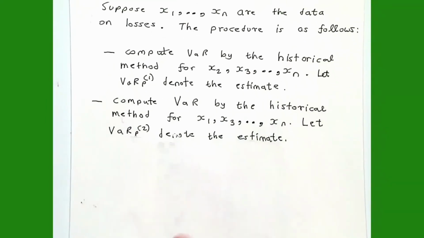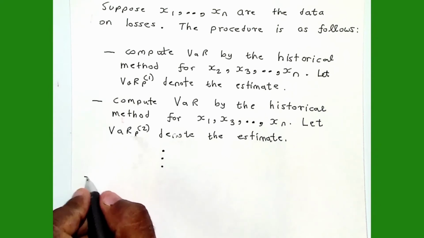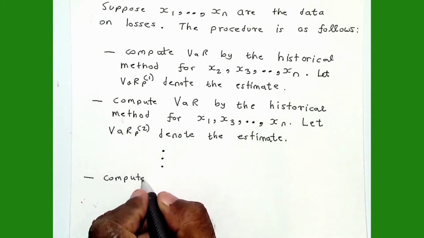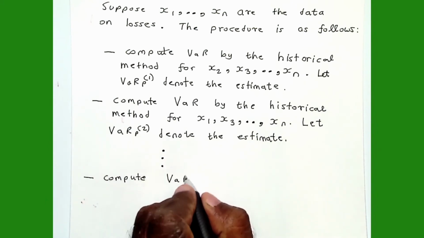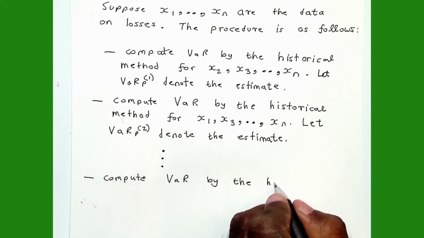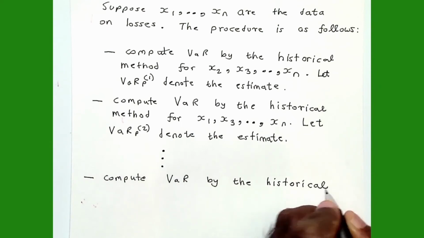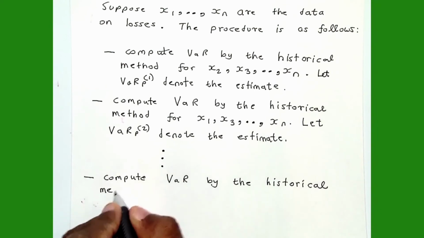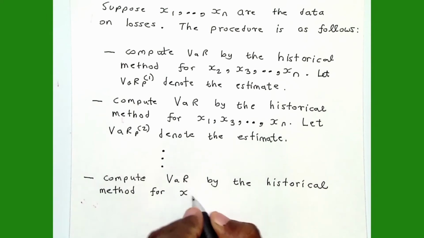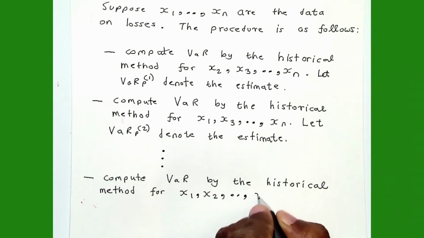Right, and you repeat this procedure until the final step, which is compute VaR by the historical method for the data x1, x2 up to xn minus 1.